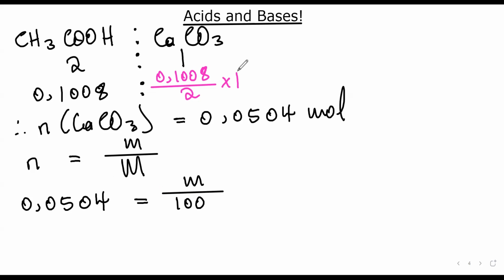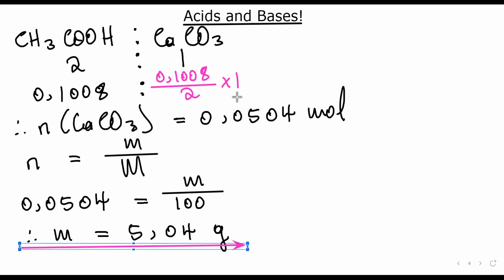We actually determined in the previous one that it's 100. And if we now cross multiply, well, you simply get a mass of 5.04 grams. This is the mass of calcium carbonate.